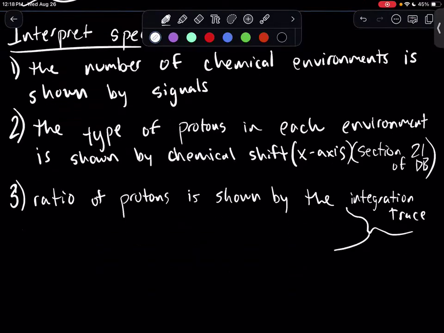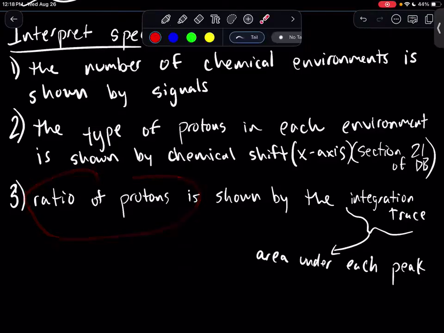Now, that basically just shows the area under each peak. So integration trace comes from the word integral. Integral is the area under the curve. So the integration trace shows us the area under each peak, which specifies the ratio of protons for each signal. We can usually count. They're always going to be in whole numbers because it's just a simple ratio.